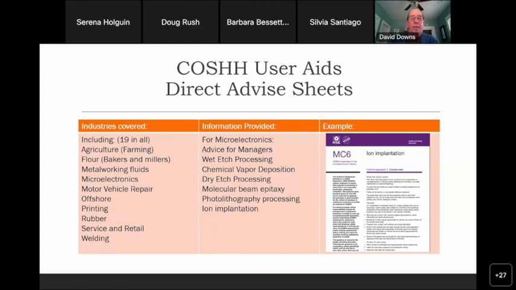And then for microelectronics, let's just say, if that's the one that you're dealing with, they would have worksheets similar to what's shown on the right-hand side there, but would cover advice for managers, and then would get into specific different types of processing, so wet etch, chemical vapor deposition, and so forth, that would have separate guidance sheets for each of those processes.